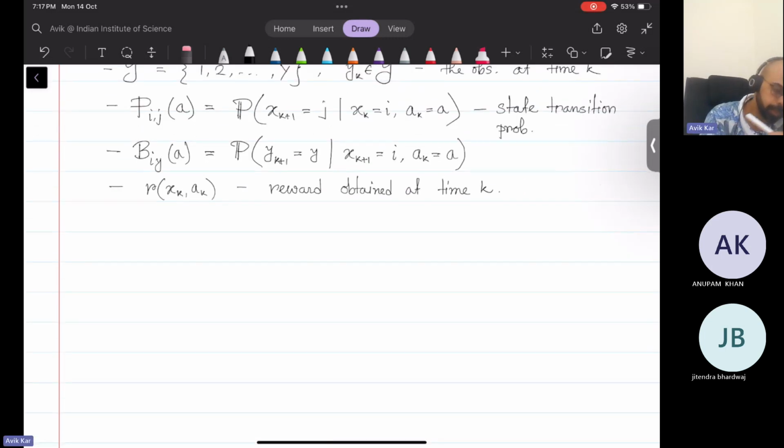And this is a finite horizon setup, so we also have a terminal reward. N is the horizon length, and this is the terminal reward.